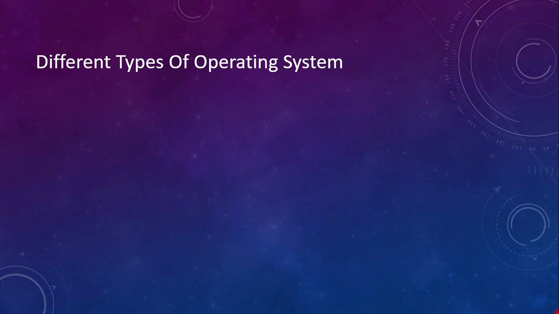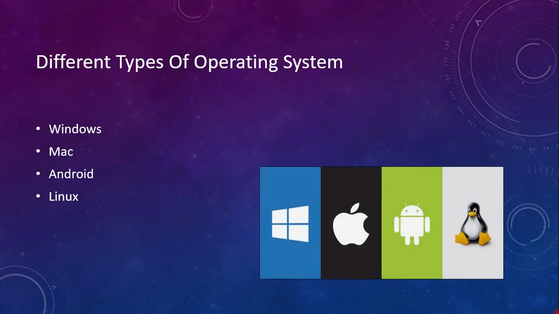Different types of operating system that we are going to look at. First of all, the major one that is extensively used on a very large scale, that is Windows. Then we have Mac, that is created by Apple. Then we have Android. Then we have Linux. So these are some of the operating systems that are quite popular, and the most popular is Windows. Each one has different functionalities and some security features too.